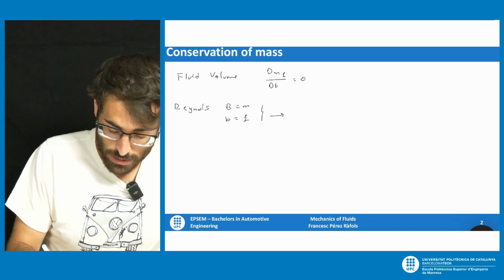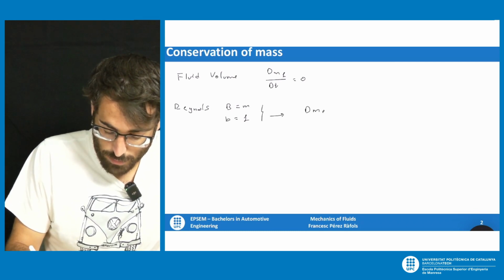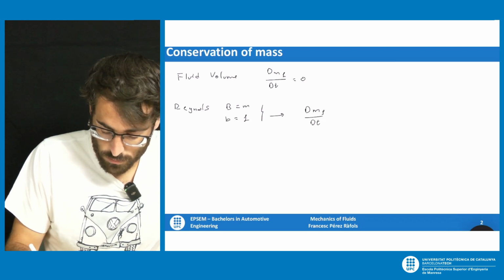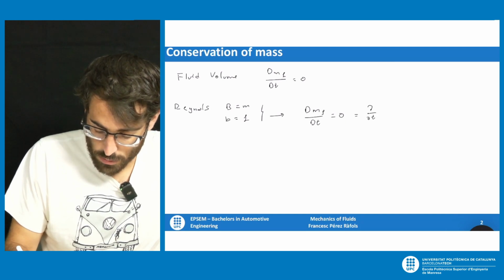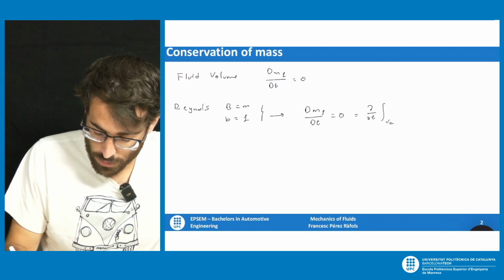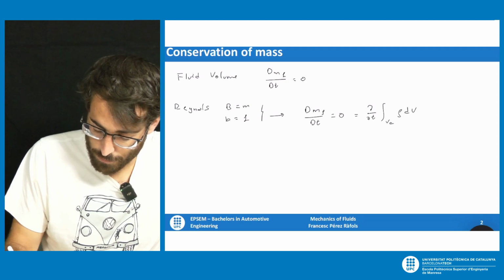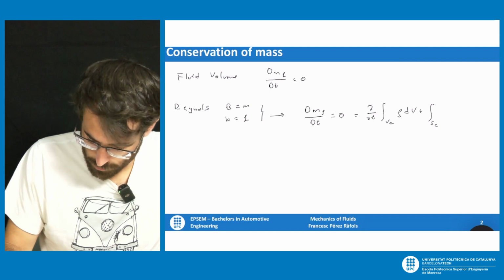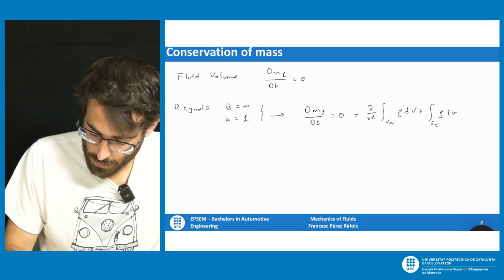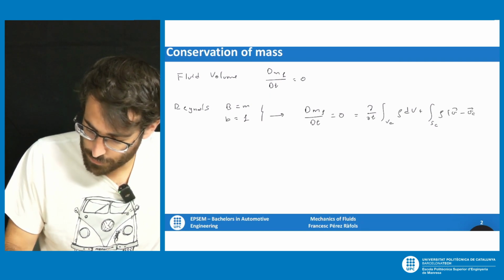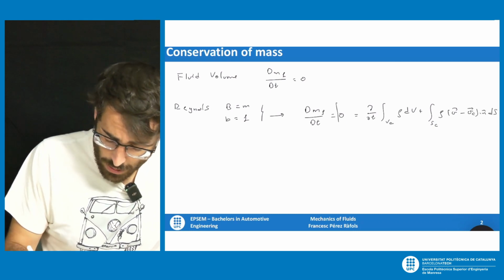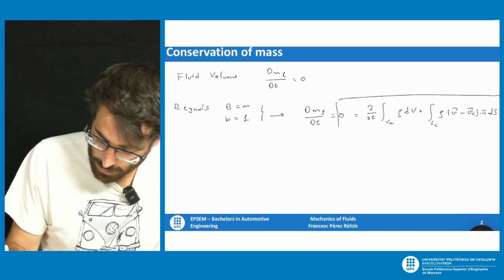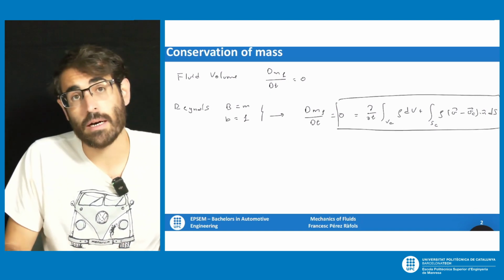That tells us that the change in mass of a fluid volume, which is 0, is equal to the change over time of the integral over the control volume of rho dV, plus the integral over the control surface of rho (v minus vc) dot n dS. This is the more general statement of the mass conservation law.